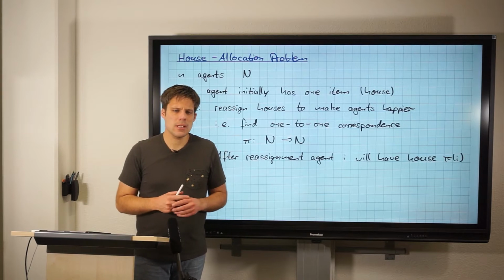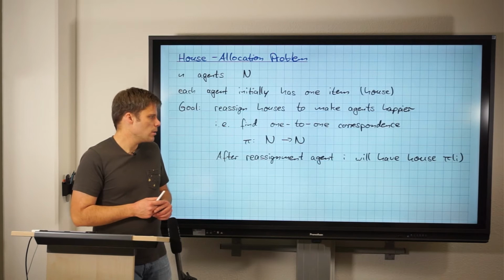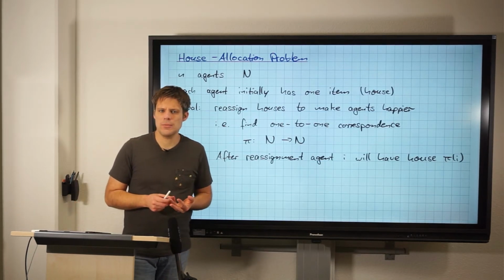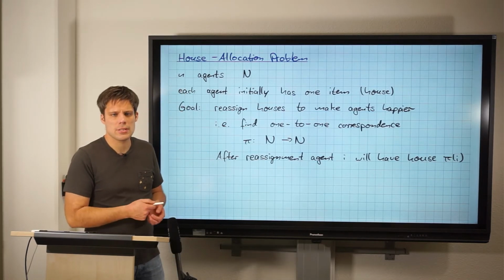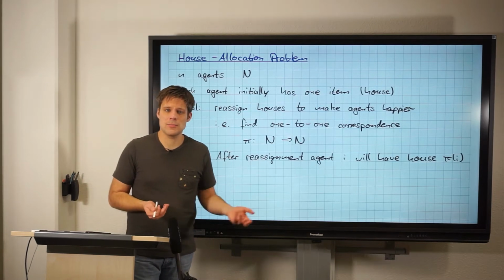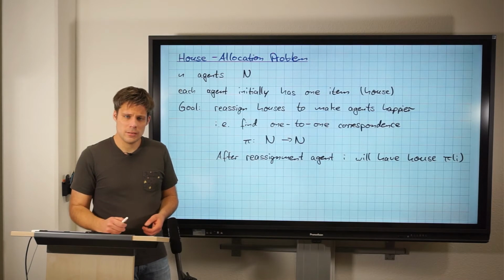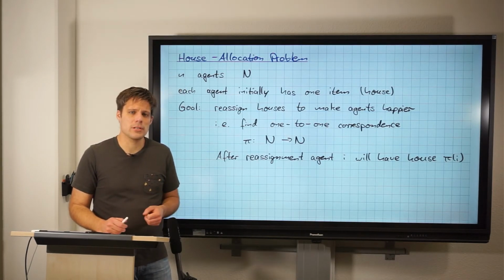So as I was saying, we are not doing this with money, so all this making agents happier, we won't be expressing in terms of monetary units. So of course you could say now, okay, I value this mansion by 2 million and this mansion by 3 million, and so I prefer a 3 million mansion to the 2 million mansion.